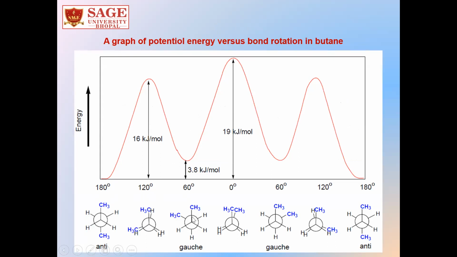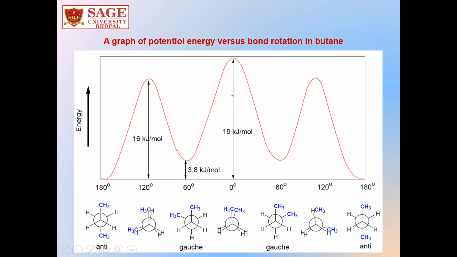In the staggered gauche case, although it was 0 in other cases, here it will not be 0, because there will be some 3.8 kilojoule of rotational barrier because of the closeness of these two methyl groups. These are bigger groups. When the methyl groups are eclipsed by each other, we have seen this is 11 plus 4 plus 4 equals 19 kilojoules.